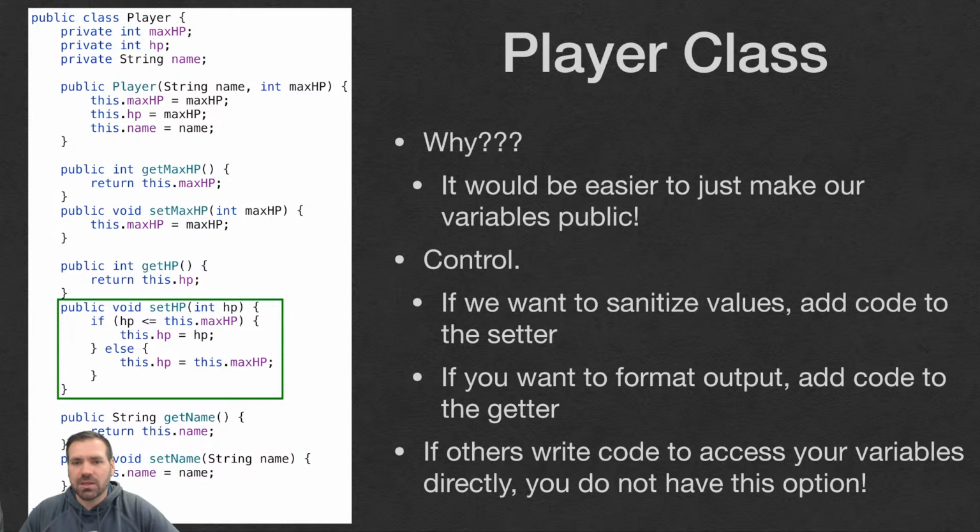But you can add a special method after the fact that makes p1.hp equals, that syntax that they use, actually call a getter method behind the scenes. You can always change your mind after the fact. You can add that method after you've already created the instance variable, after people are already accessing the instance variable directly.